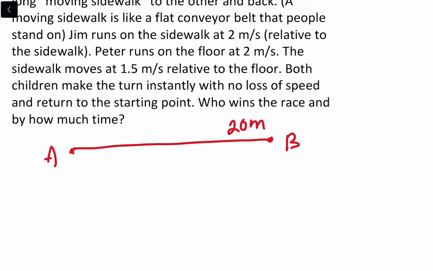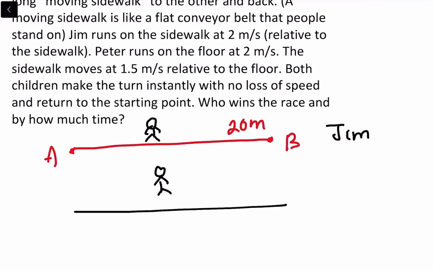Then one boy walks on the sidewalk and the other walks on the floor like this. The one who walks on the sidewalk is Jim, and the one who runs on the floor is Peter.